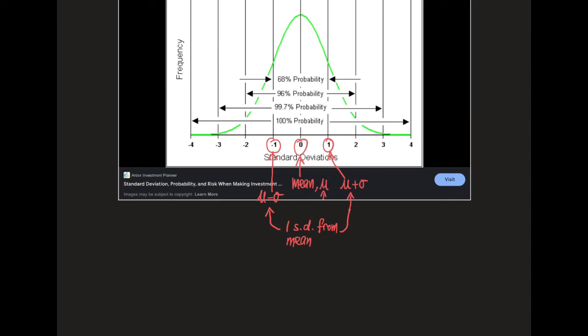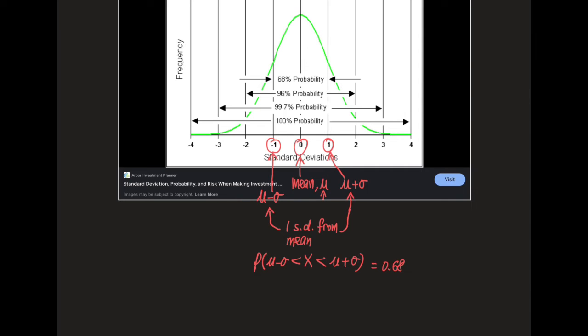You have to know that the probability for one standard deviation from the mean is 68%. Don't confuse this 68% with the 68% we talked about just now, which is the average of the mathematics marks.